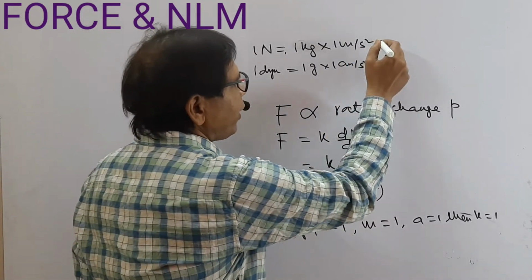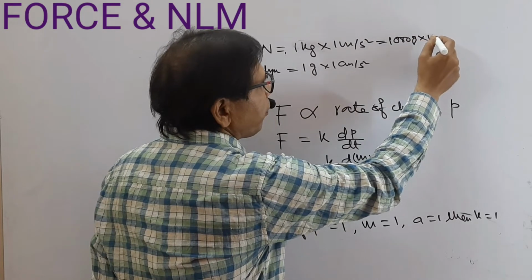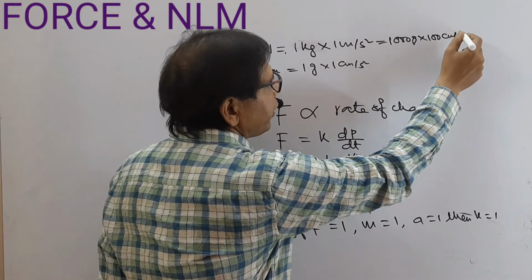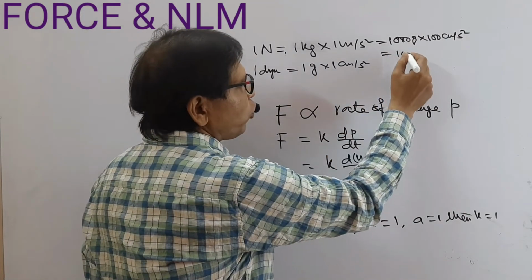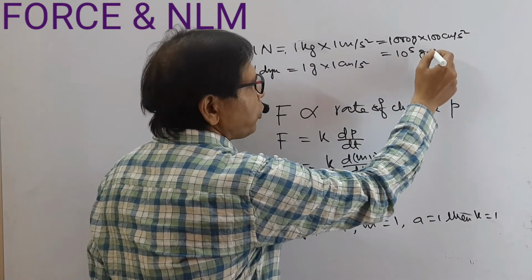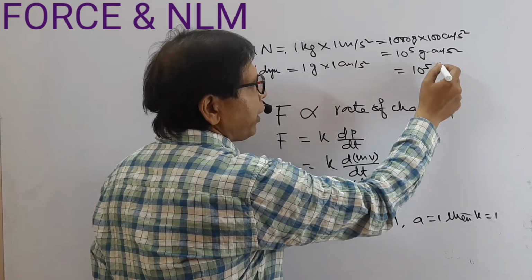Now look at this, 1 kg equals 1000 gram and 1 meter per second square equals 100 centimeter per second square. So this is 10 to the power 5 gram cm per second square. So this is 10 to the power 5 dyne.